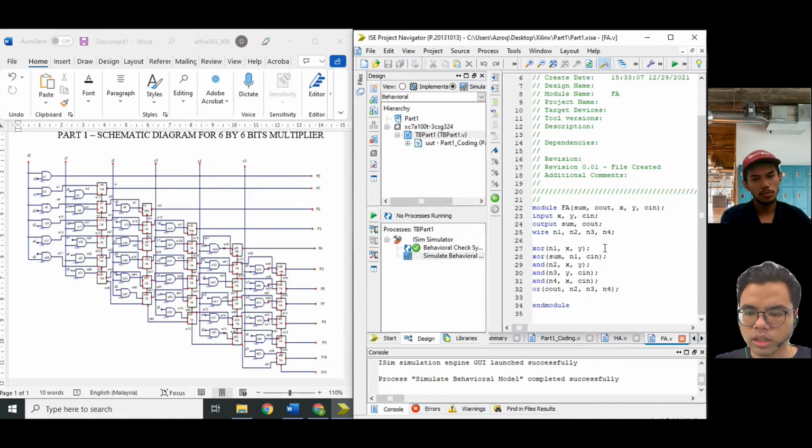At line 27, the output is N1 and the inputs are X and Y. For line 29, the output is N2 and the inputs are X and Y. Lastly, at line 32, the output is cout and the inputs are N2, N3, and N4.